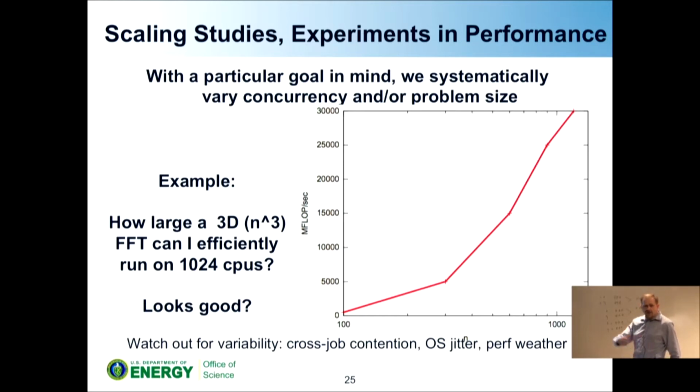We're increasing the problem size, and that's the x-axis. So 100 by 100 by 100 versus 1,000 by 1,000 by 1,000 3D FFT on 1024 CPUs. If there were more dots here, you would see about 5 points in this line, and we can see that by adding more computer, we get more performance. So that all looks very, very nice.